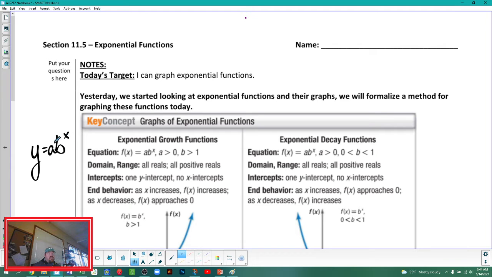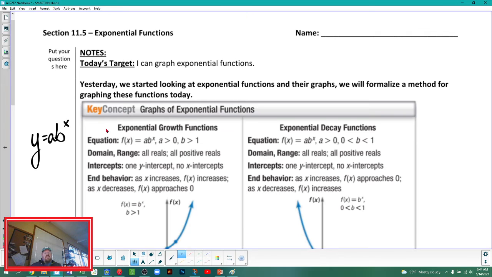And the important thing to realize is that with order of operations, only b is being raised to the x power. And here it says that b is, for this first one, greater than 1. Now, it doesn't always have to be that a is greater than 0, but that's what both of these say. So we're going to focus on that for right now.